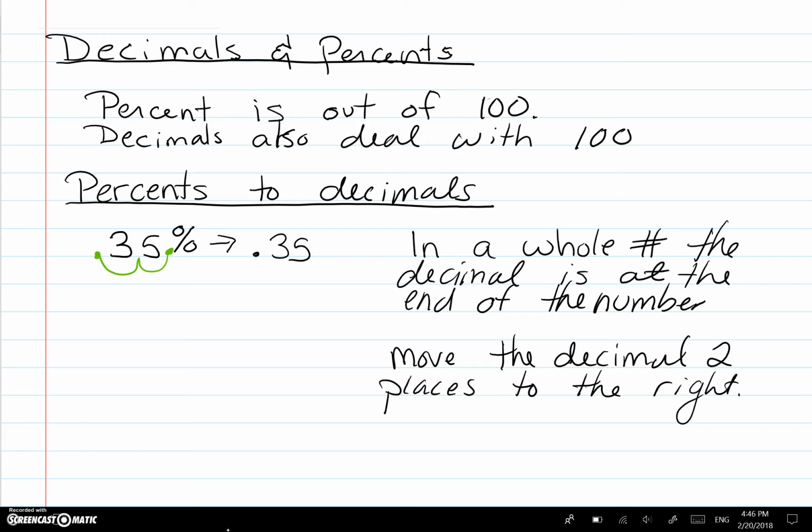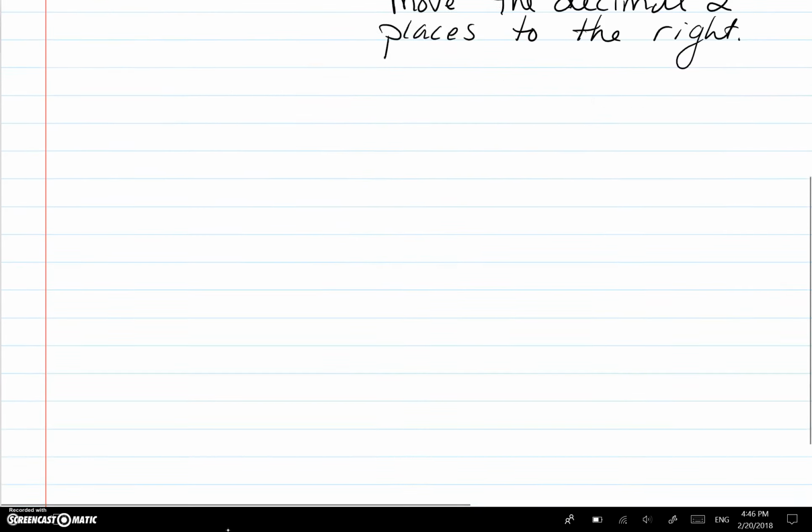Let's look at another example. Let's look at 215%. Where's the decimal in this number? Exactly, it's at the end of the number after the 5.